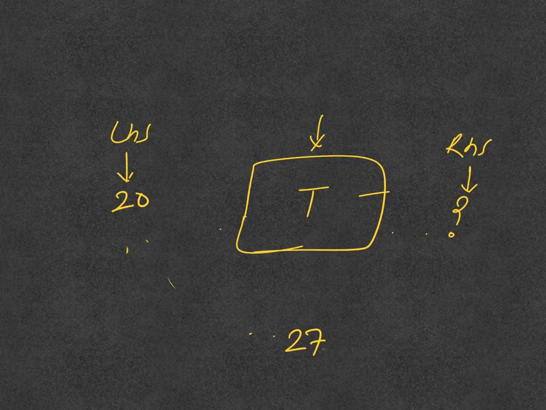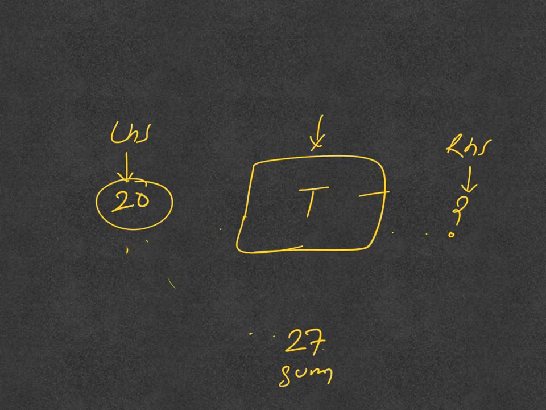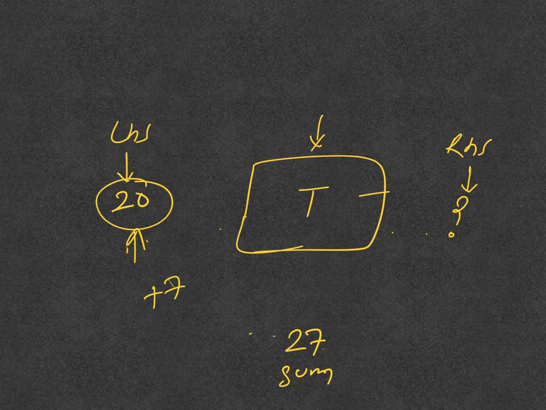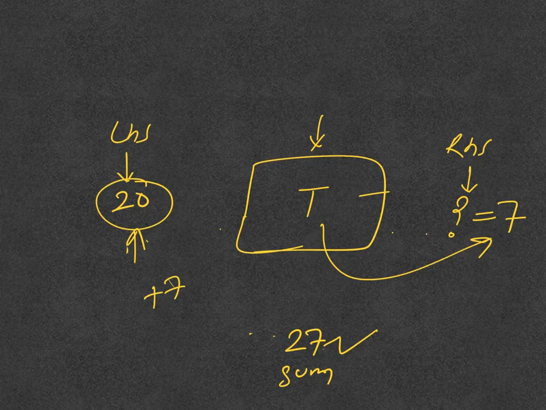We need to make the sum equal to 27. One value we already have. What is that? 20. Now we have to make that sum 27. So how much should we add? 7. We have to add 7, then the sum will become 27. So what would be the value of T from the right hand side? It would be 7.